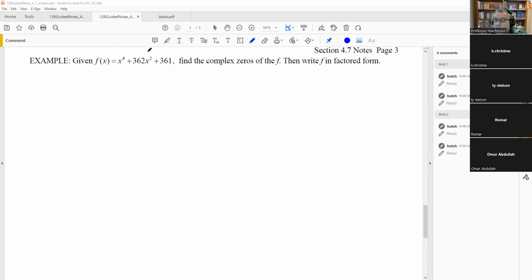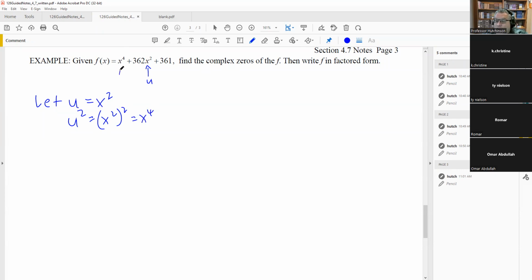This term right here, I'm going to turn into a u. So I'm going to let u equal x squared. Now, if I square both sides, I get u squared equals x squared squared, which equals x to the 4th.